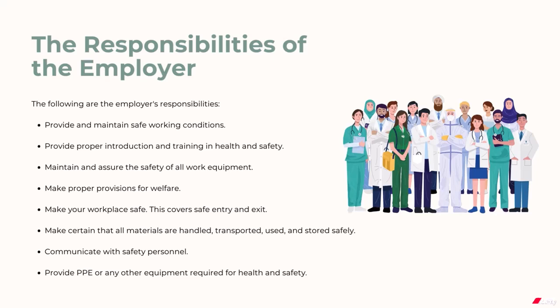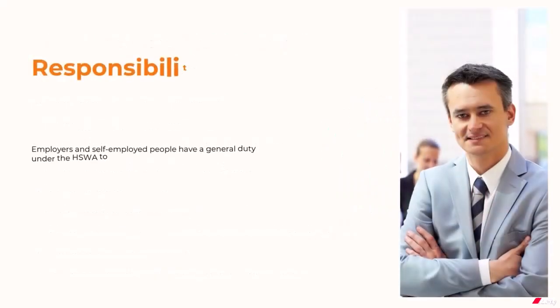These cover safe entry and exit. Make certain that all materials are handled, transported, used, and stored safely. Communicate with safety personnel. Provide PPE or any other equipment required for health and safety.